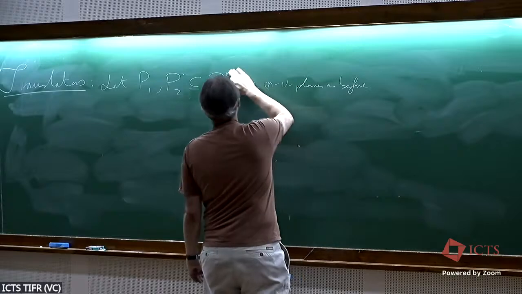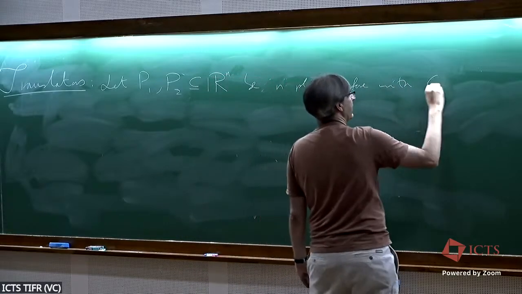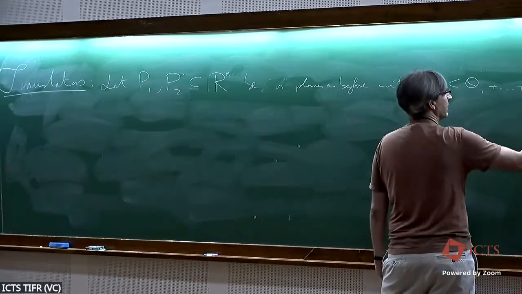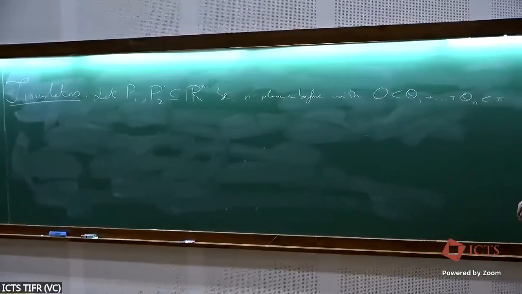Oh, let me just make it n, it's fine. N planes as before, with, again, this condition that the sum of the angles is less than pi. That same condition, the sum of the angles is less than pi.